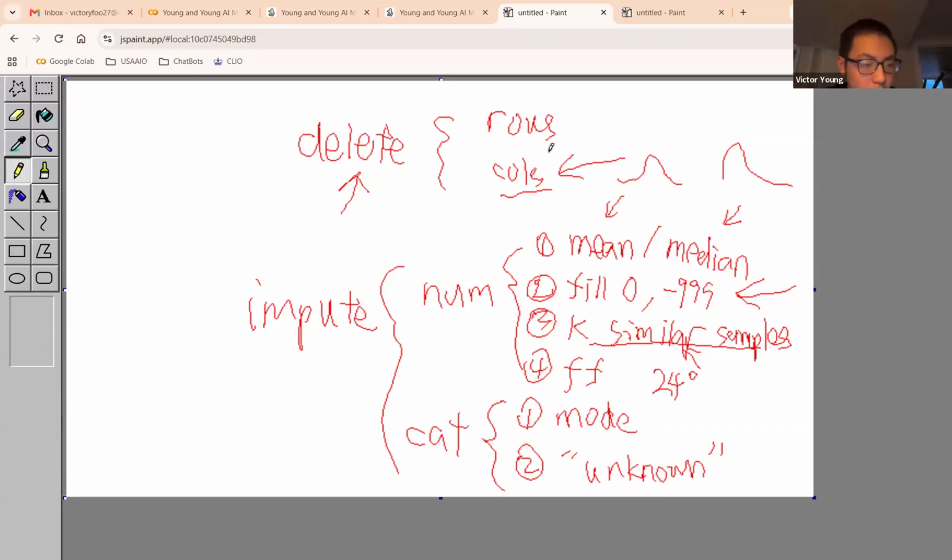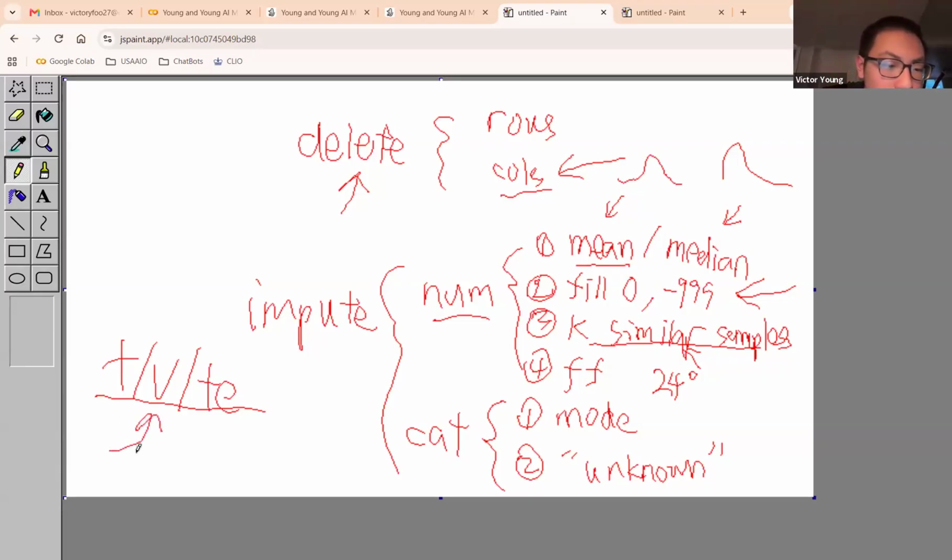All right. So one final thing about imputing features is we should always split into train, validation, and test, and then impute, because we do not want data leakage. After we split, let's say we want to impute numerical features. We calculate the mean in the train set, and then use that mean to impute numerical variables in the validation and test set.